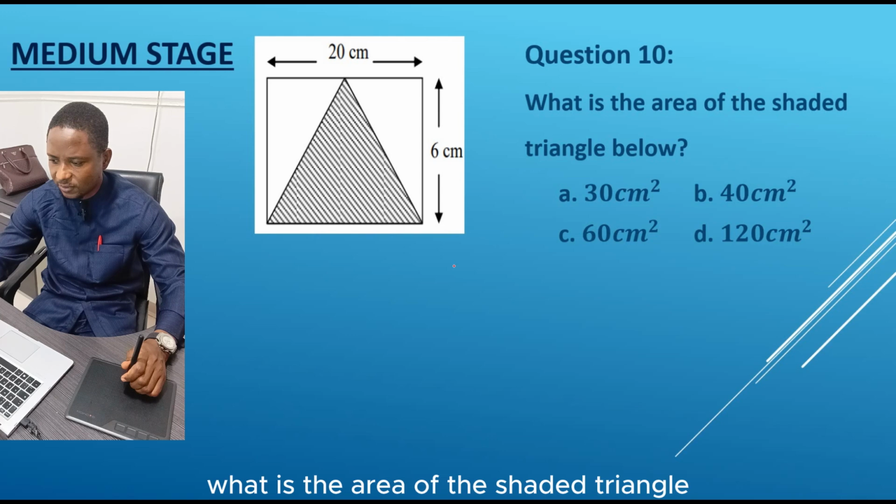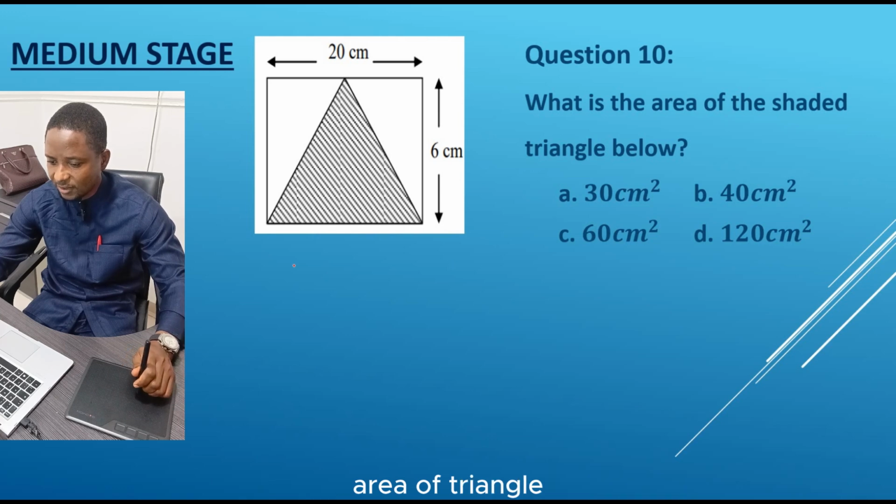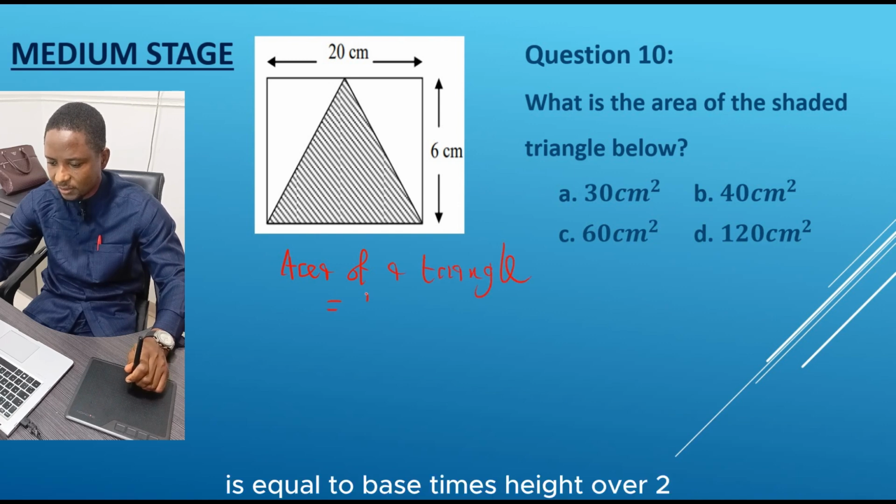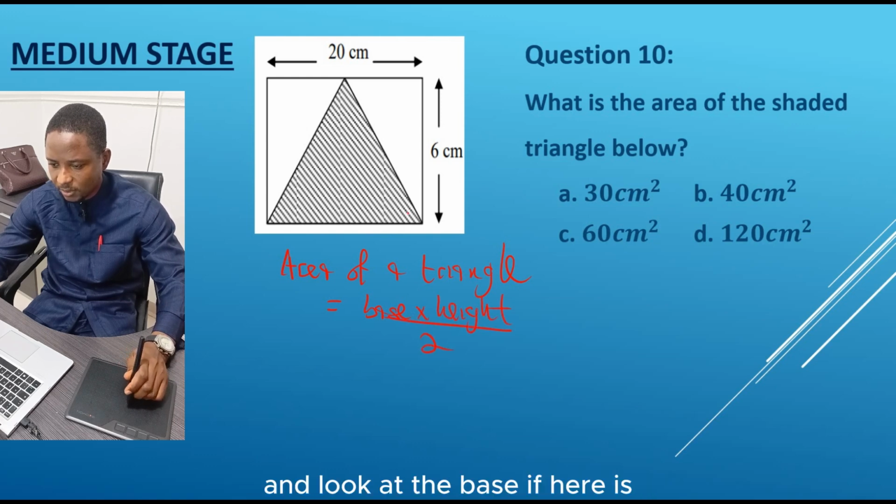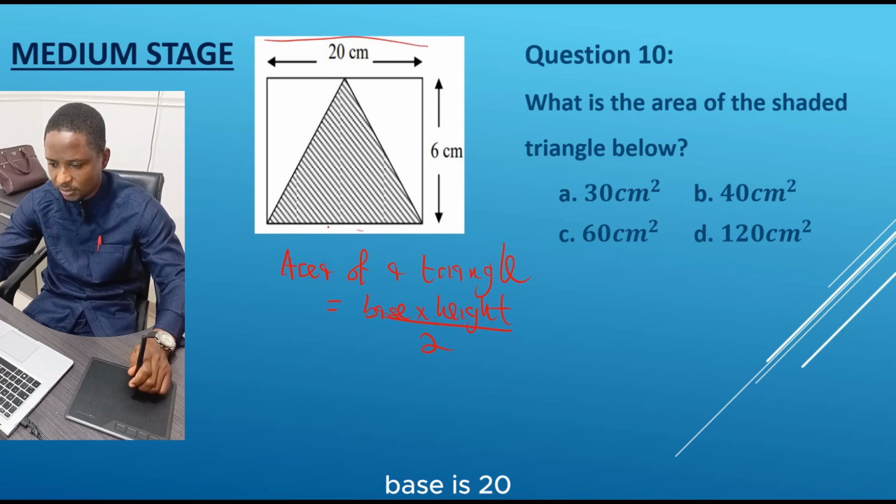What is the area of the shaded triangle? Area of a triangle is equal to base times height over 2. And look at the base. If here is 20, here too will be 20.